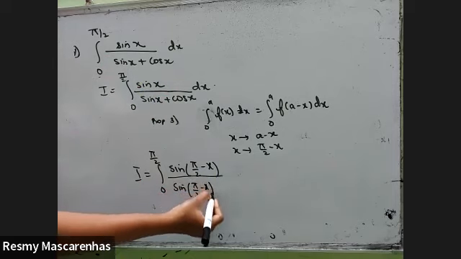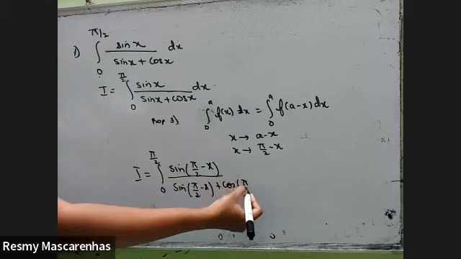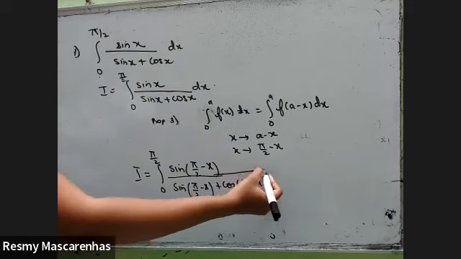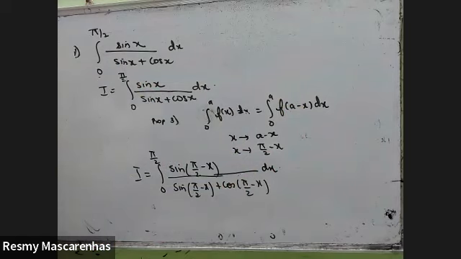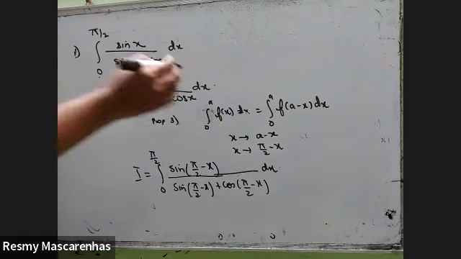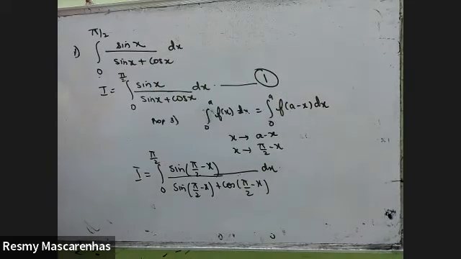Everywhere pi by 2 minus x, because as per the property, I can do that. It means the same. Mark this as equation 1, okay? Whatever question is given, that is always equation 1.